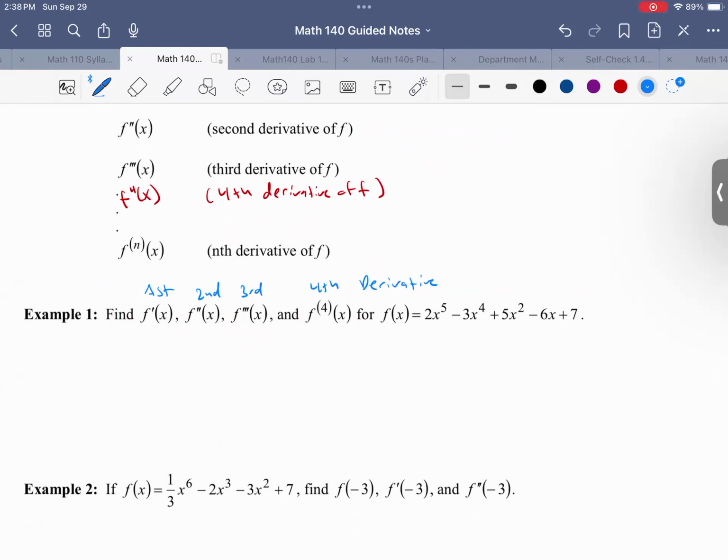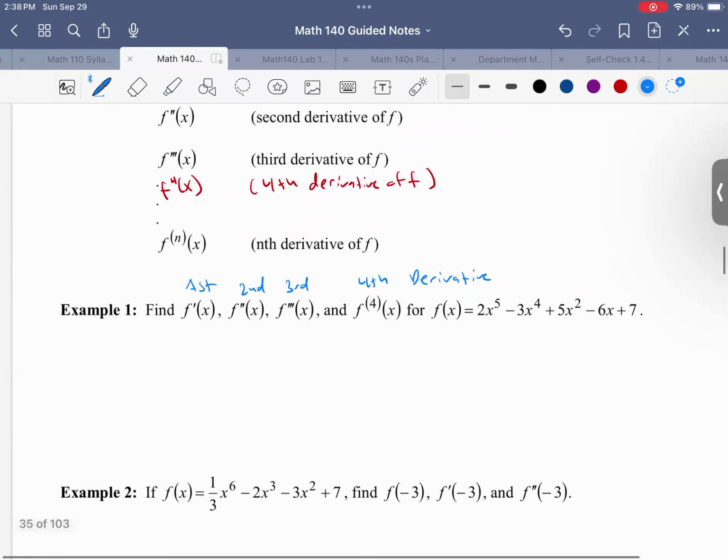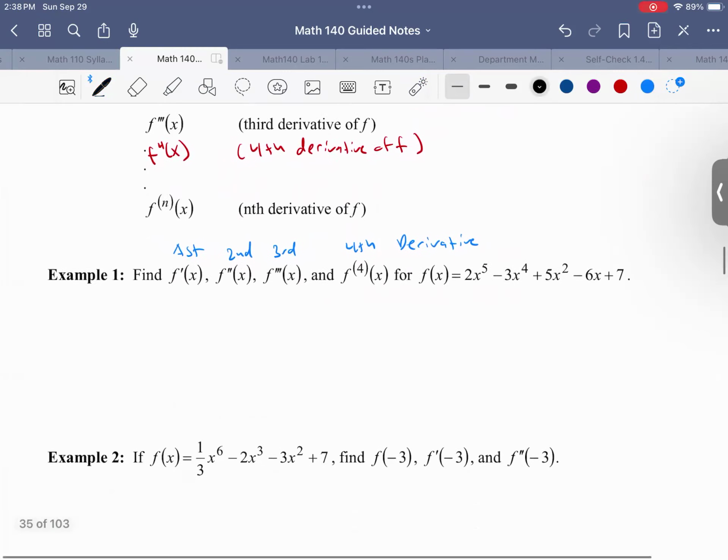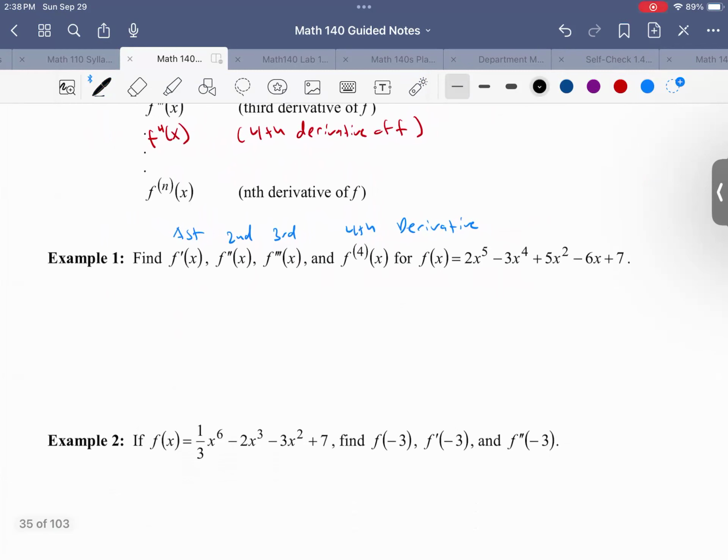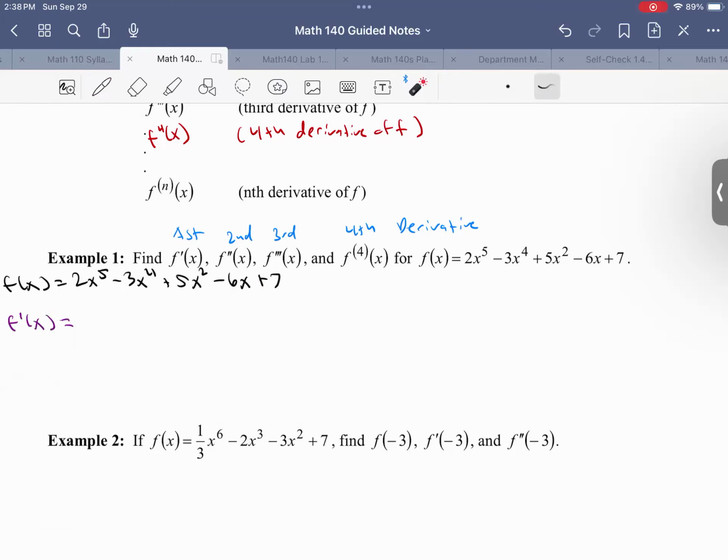Let me rewrite the function here, it makes it easier for us to see. We have f of x equals 2x to the fifth minus 3x to the fourth plus 5x squared minus 6x plus 7. I want to take the first derivative of this. The 5 drops down, subtract 1 from it.